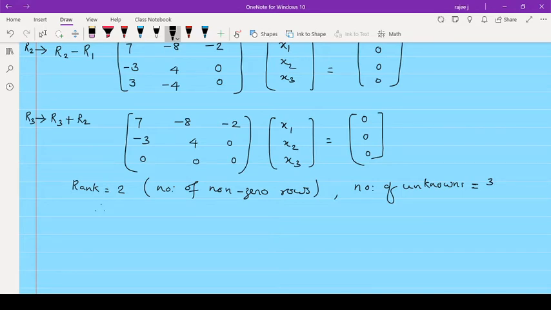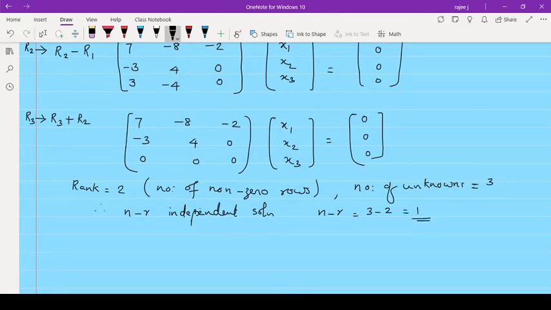Therefore, n minus r independent solutions or independent vectors will be there. That means n minus r is 3 minus 2, which is equal to 1.